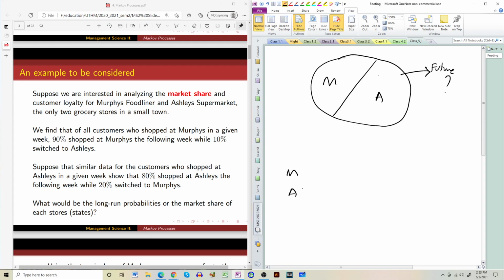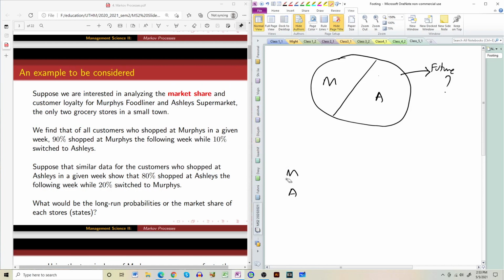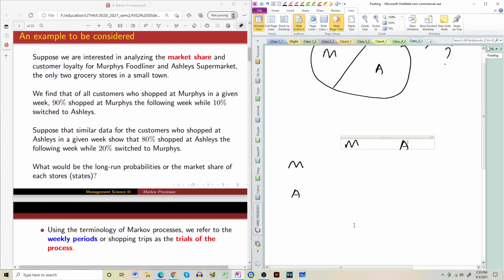M is Murphy's, A is Ashley's. Now I put a table like this, and I write here next week. This is this week, or the current week.